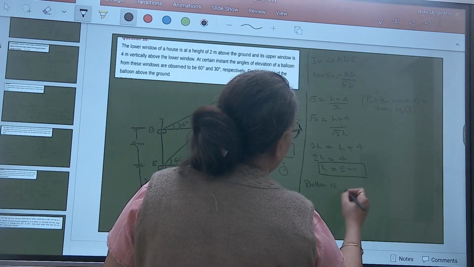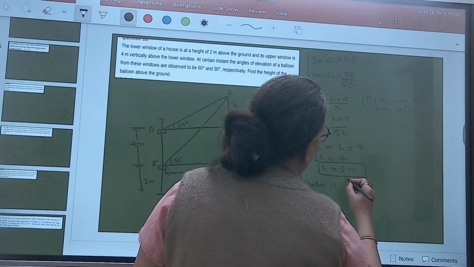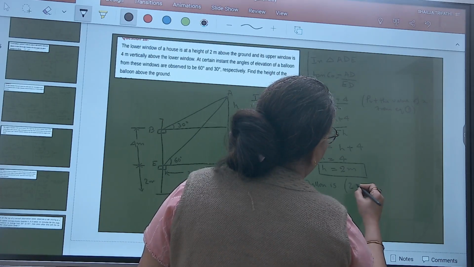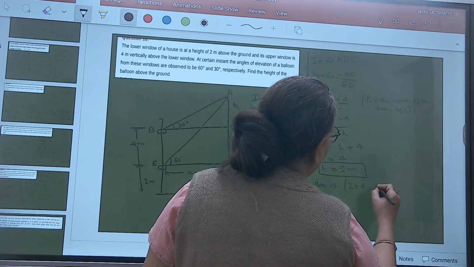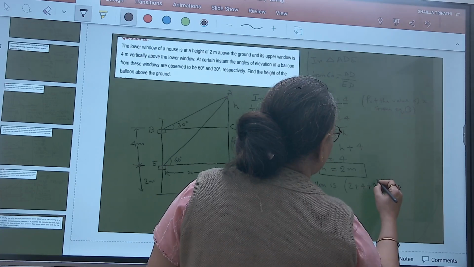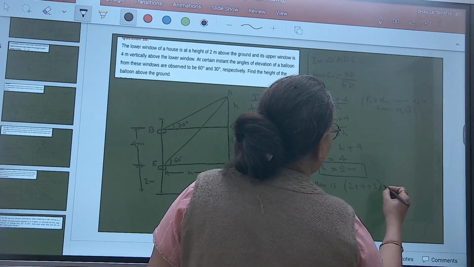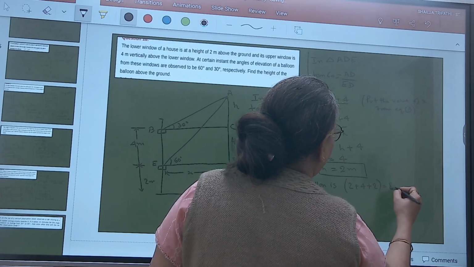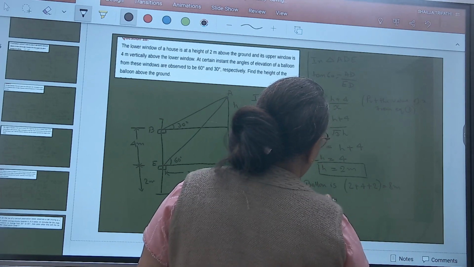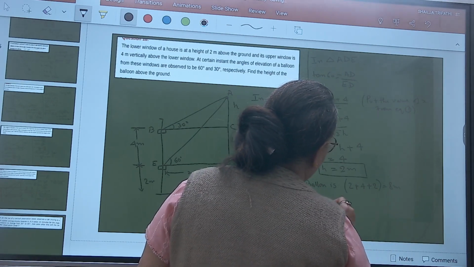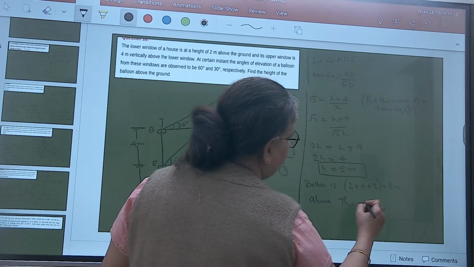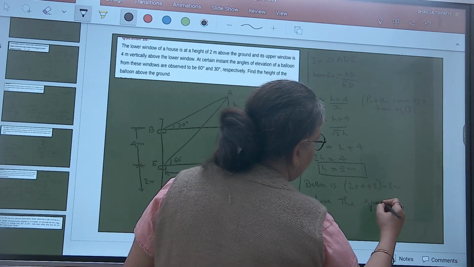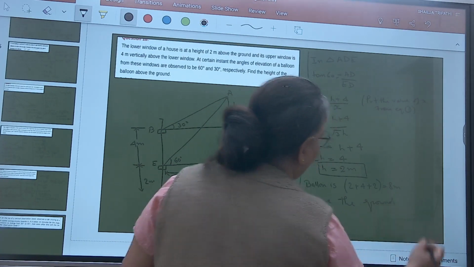You can write 2 plus 4 plus 2, that is equal to 8 meters above the ground. So this is your answer.